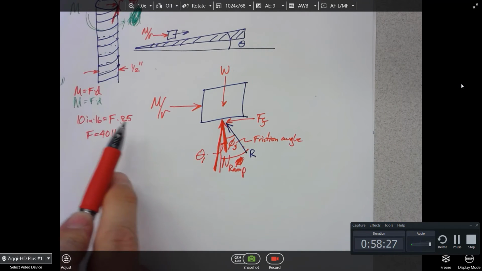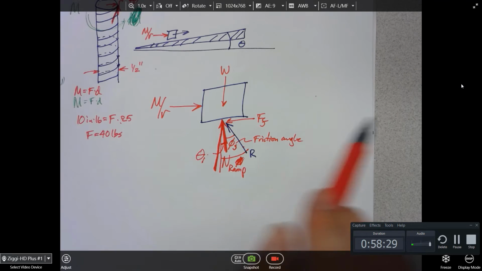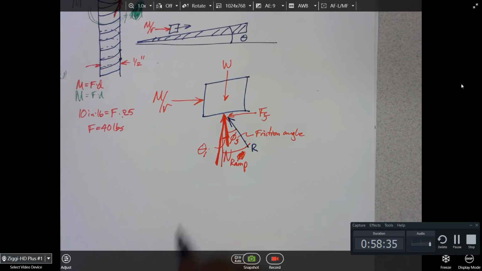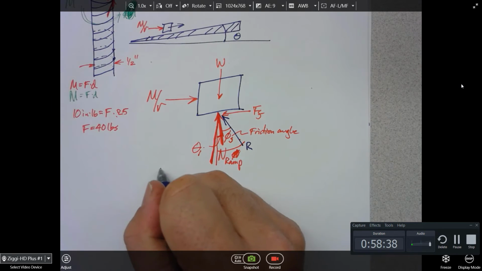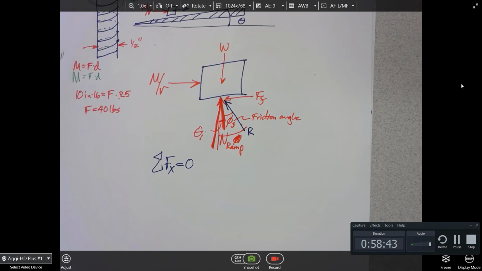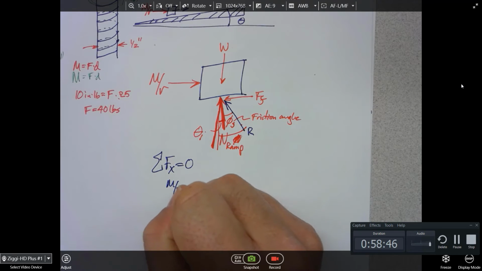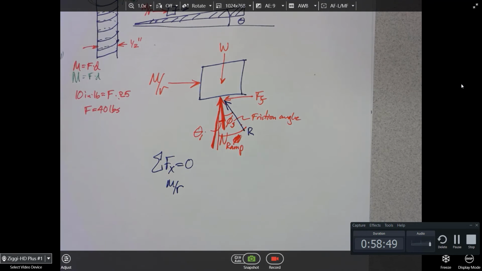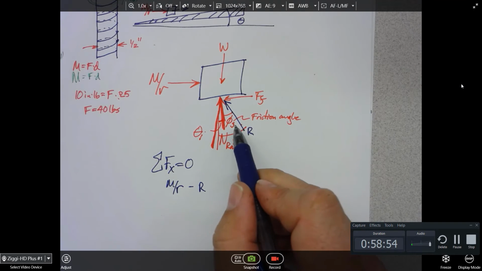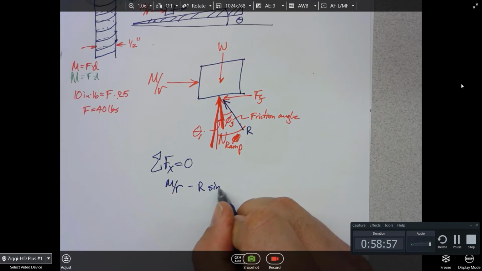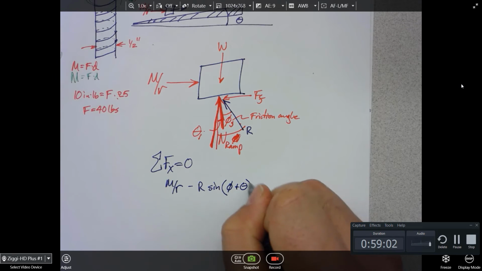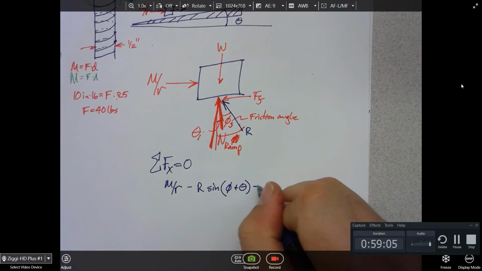Okay. So in the case where impending motion is up, I'm trying to push the screw up the ramp, so I'm jacking my car up. We could write the sum of the forces in the x and the y here. Sum of the forces in the x has to equal 0. What do we have acting in the x? Well, we'll have M over r, and we'll have R, which is the resultant of these two forces, and it's going to be sine of phi plus theta, and that's going to equal 0.